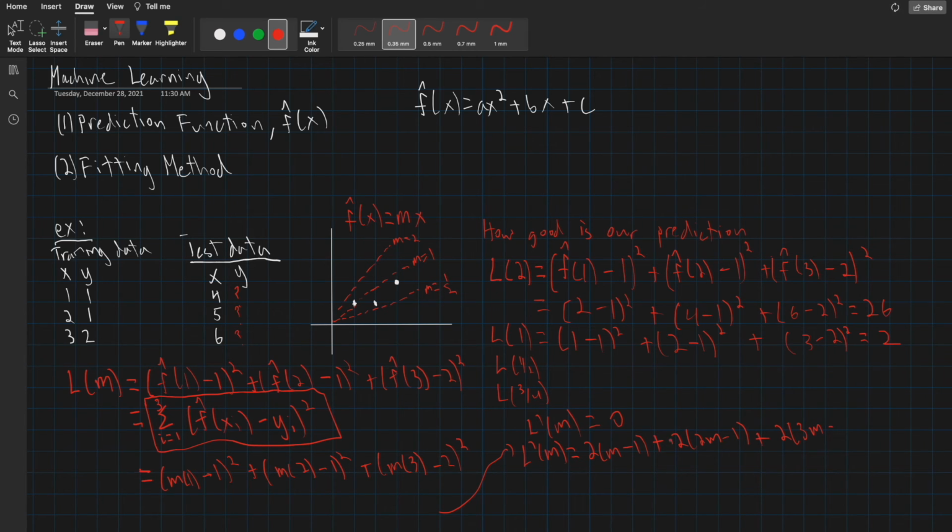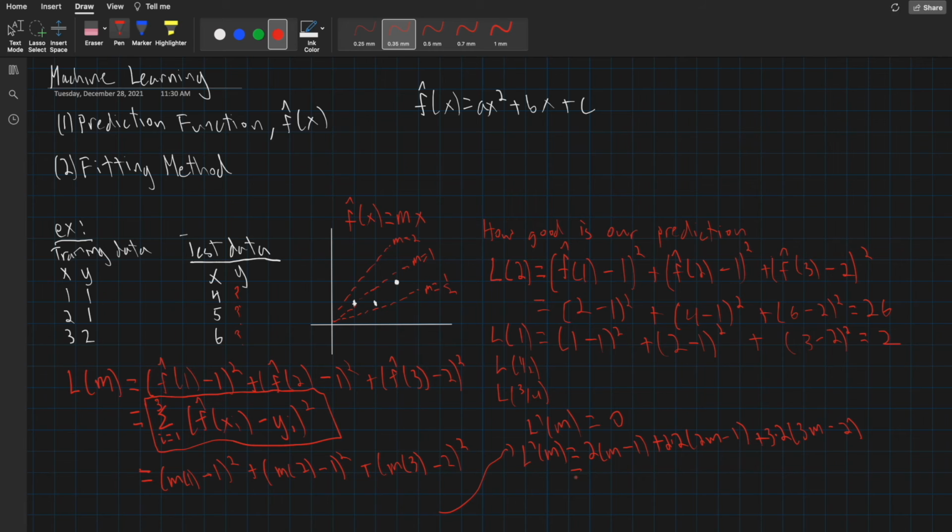Oops. And what did I forget here? I forgot chain rule. So m minus 1 squared, the derivative of that, power rule, bring out the 2, times m minus 1. For 2m minus 1 squared, chain rule says we multiply by another 2. And chain rule says we multiply by 3 out here, so 3m minus 2.